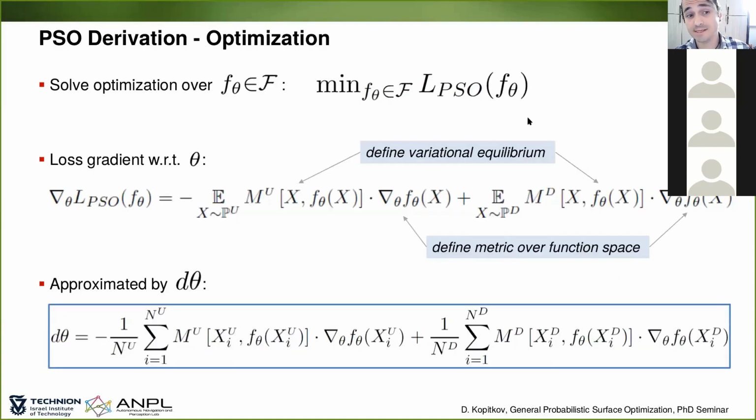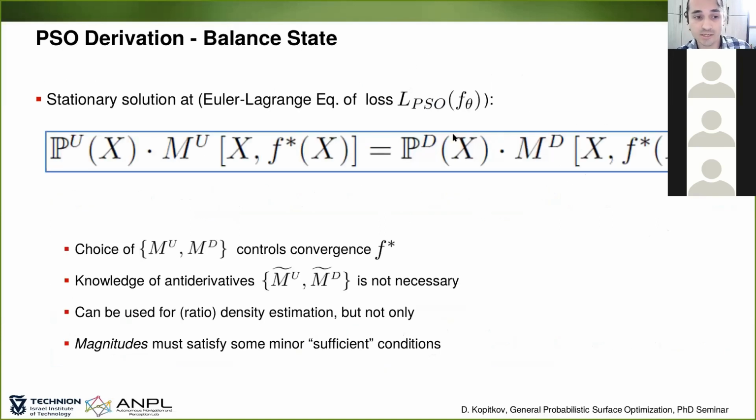So again, in PSO we basically minimize some functional whose Euler-Lagrange equation is written by this equality here. The main point to note is that mu and md control the convergence to f star, so for different choices, we will get different convergences.